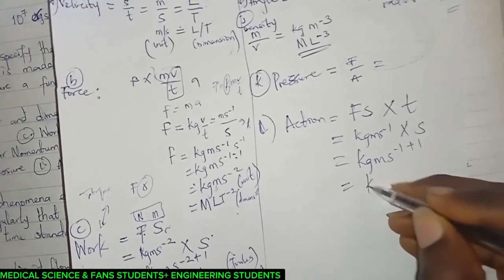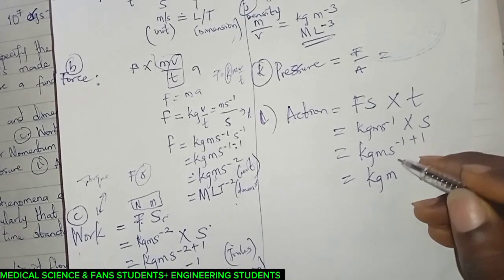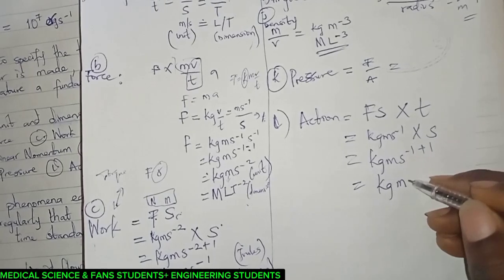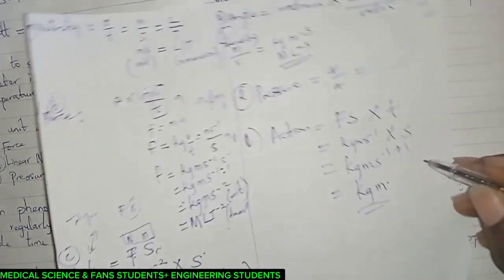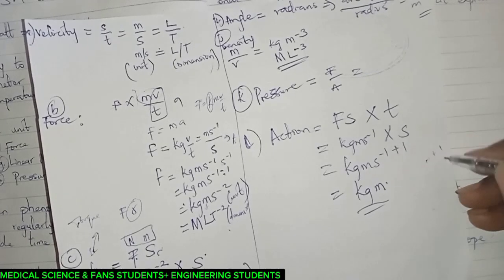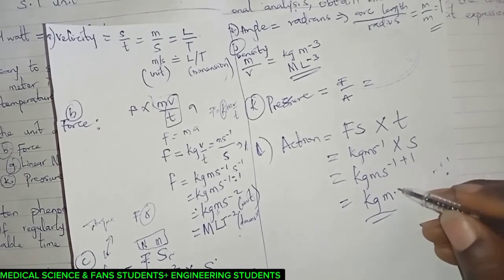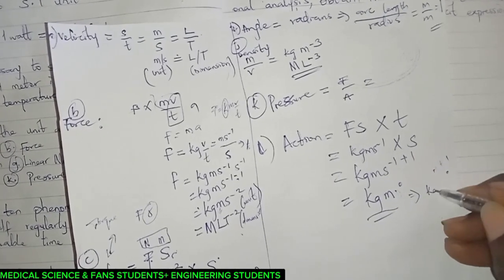So it's simply kilogram meter, minus 1 plus 1 is 0, and anything raised to power 0 is just 1, so kilogram meter. Because minus 1 plus 1 means it is going to have zero power.